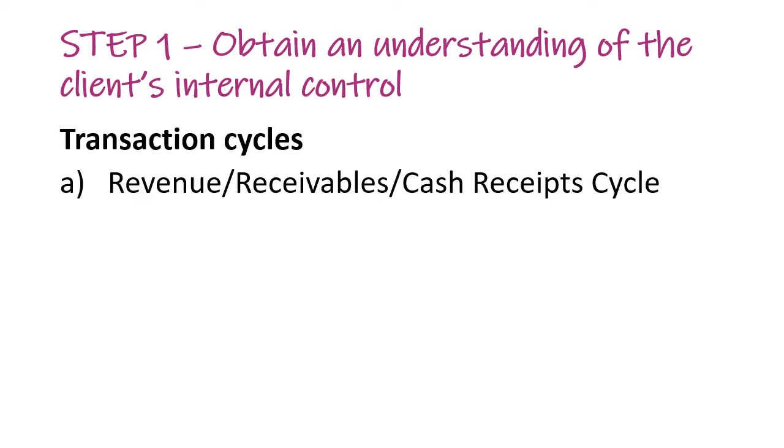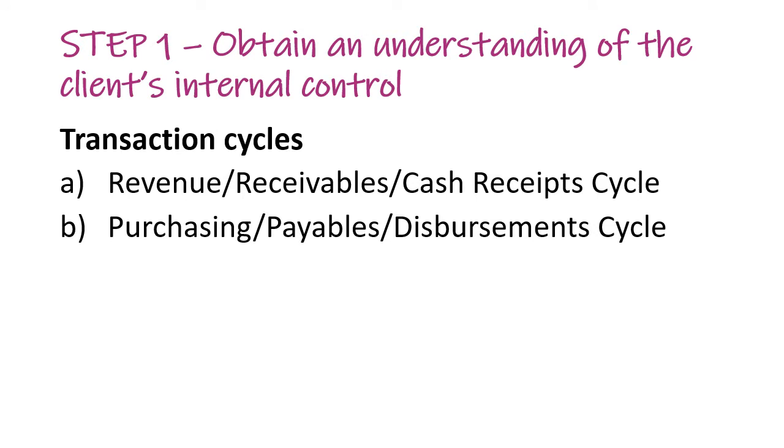The most commonly identified transaction cycles are, first, the revenue cycle. It is also combined with the receivables or the cash receipts cycle, because the revenue cycle is connected to the collection of the receivables and also to the collection of cash if it is a cash sale.